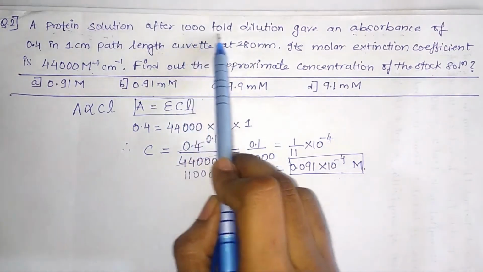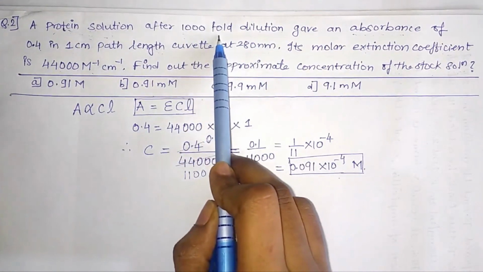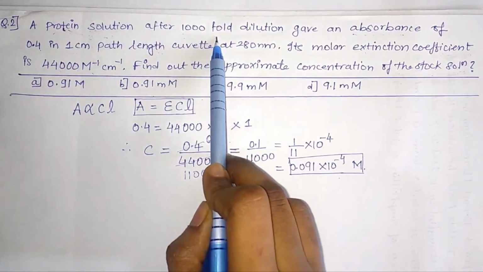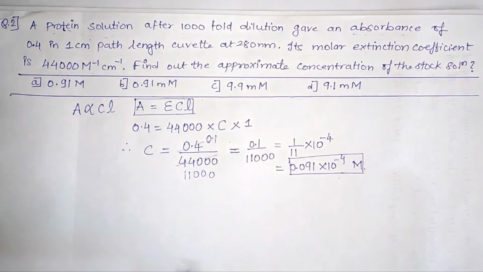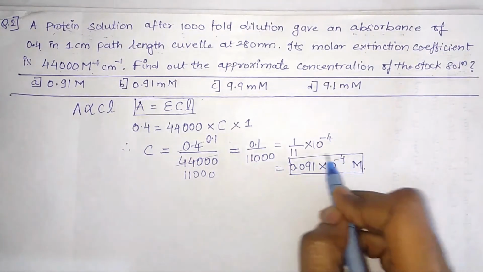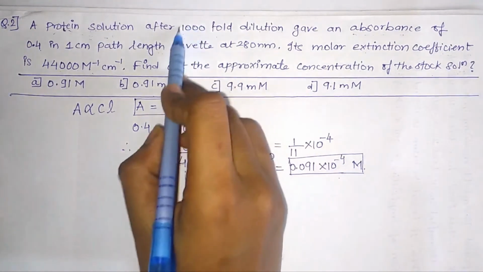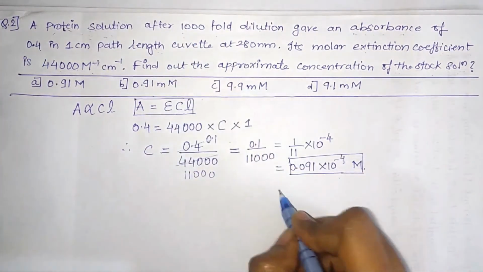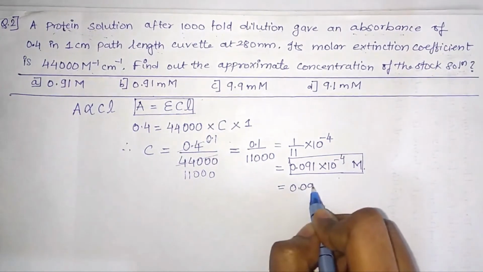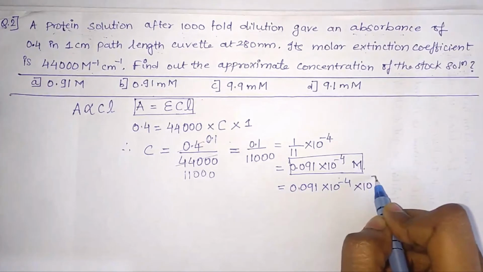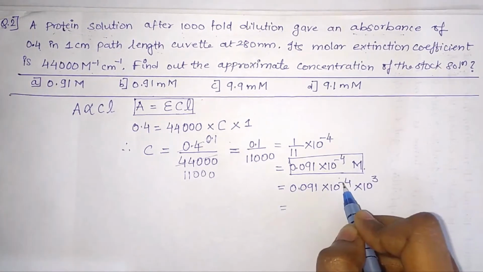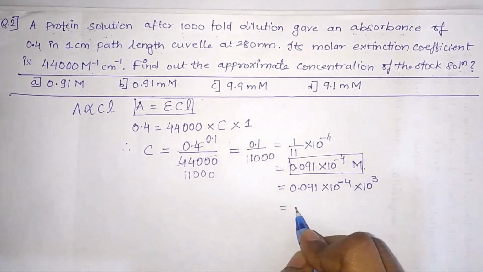So when it is 1000-fold diluted, and if we want to find the concentration of the stock solution, that is before it was diluted, then we just have to multiply this value by 1000, that is 10 raised to 3. If you multiply this value by 10 raised to 3, we have minus 4 and plus 3, so minus 1.